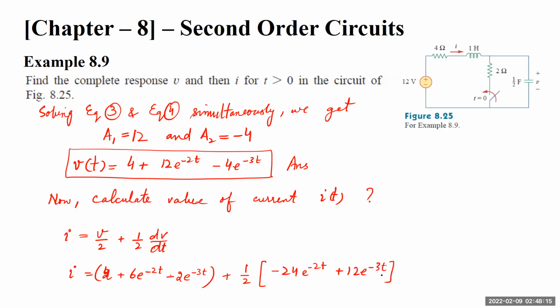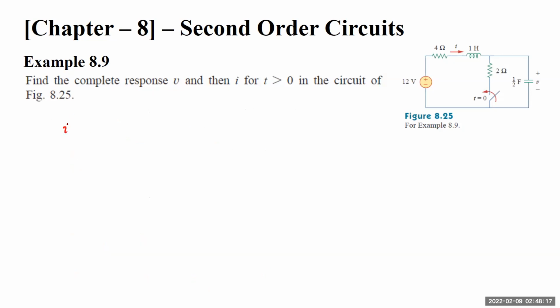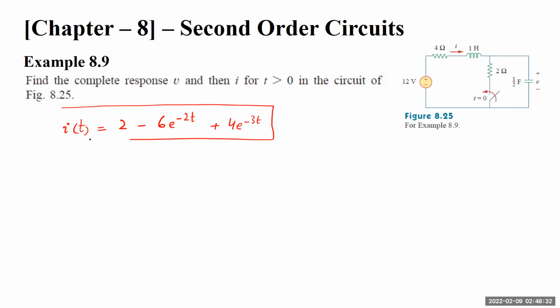So the value of I of t, if we add all these, will be 2 minus 6 e raised to power minus 2t plus 4 e raised to power minus 3t. So this is the value of I which we have for this circuit.